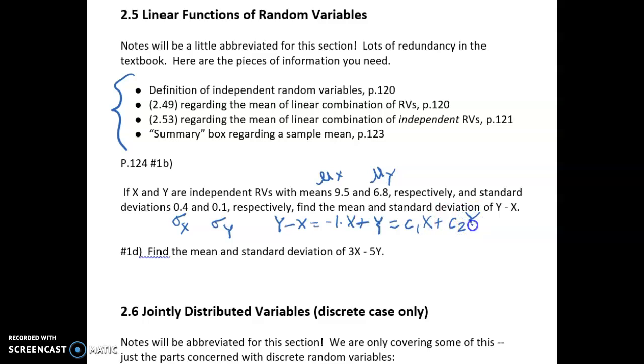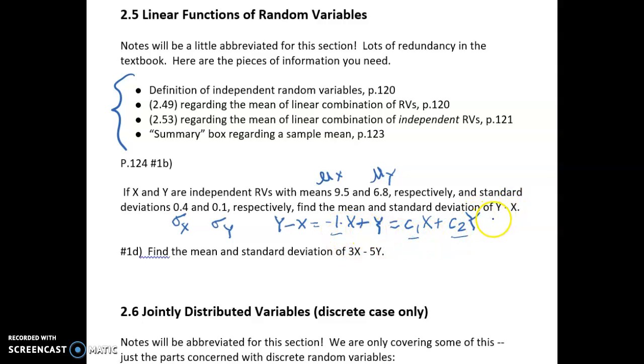Well, we have Y instead. A linear combination is constants times random variables, just one of the constants is 1. So c1 is -1 and c2 is 1.